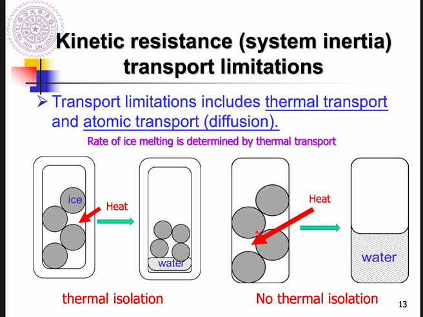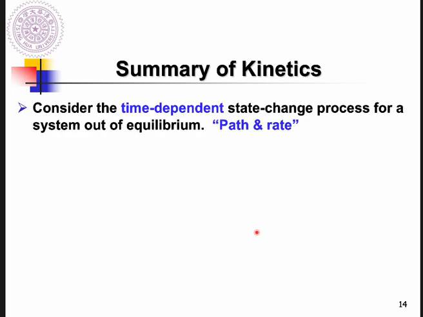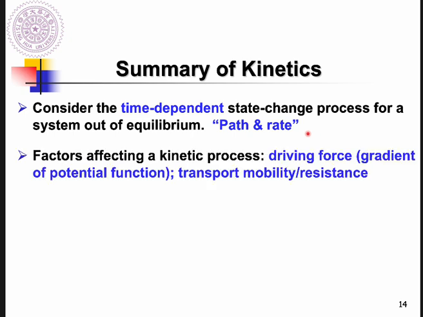Okay, so I'm going to give you a quick summary for kinetics. The kinetics process we need to consider as a time-dependent state change process for a system from a non-equilibrium state toward the equilibrium state with specific paths and its own corresponding rate. And there are two key factors that affect the kinetics process.